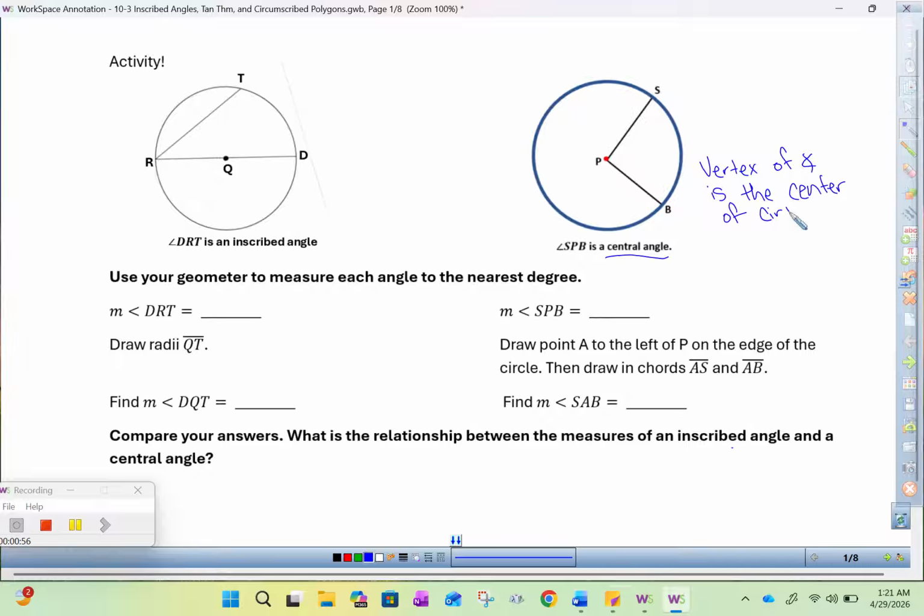Now another thing that is happening is with the sides. The sides of this angle are two of the radii. Okay? So we can say sides are radii.